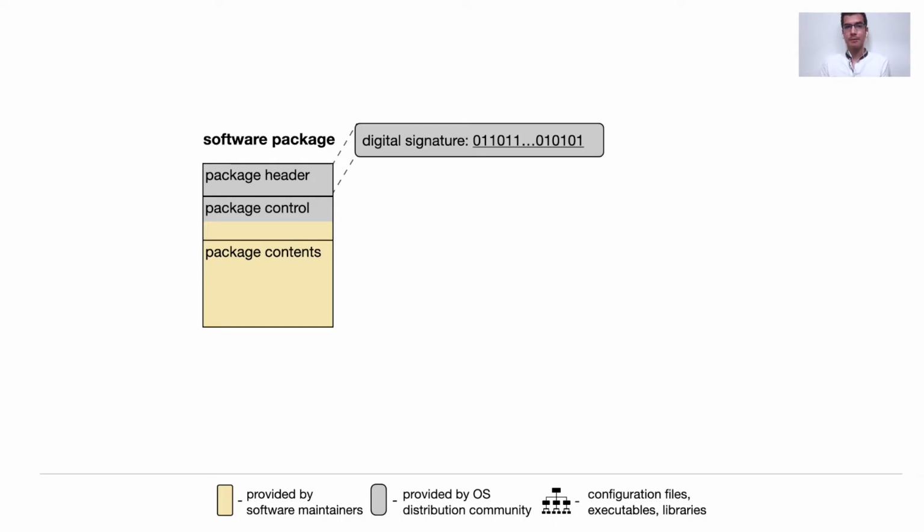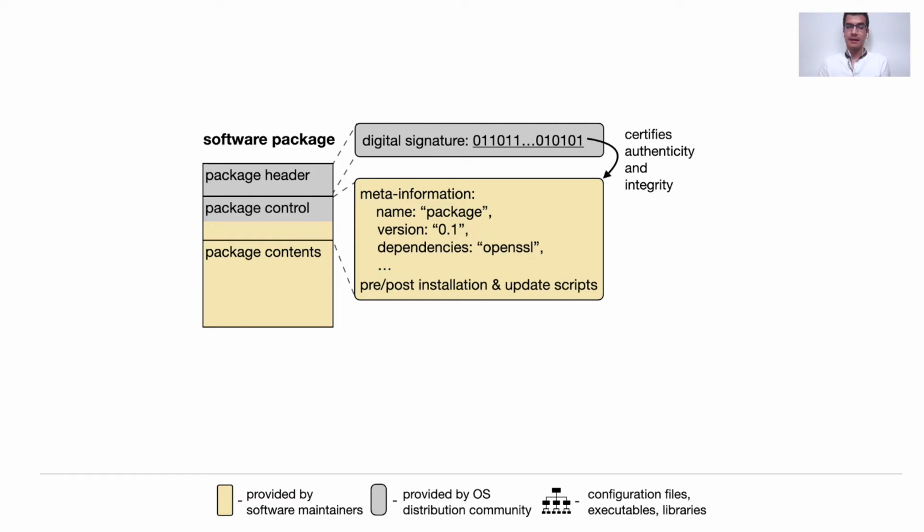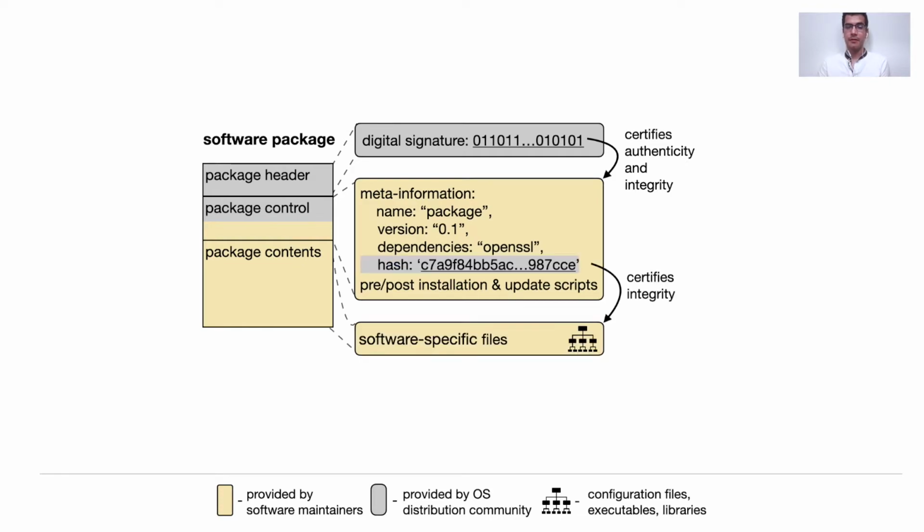The first one, package header, contains a digital signature certifying authenticity and integrity of the package. Second part, control, contains meta information and installation scripts. Finally, the last part, package contents, consists of software-specific files. These are binaries, configuration files, and so on.